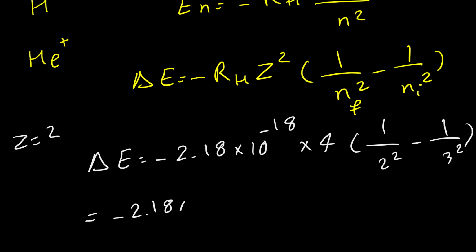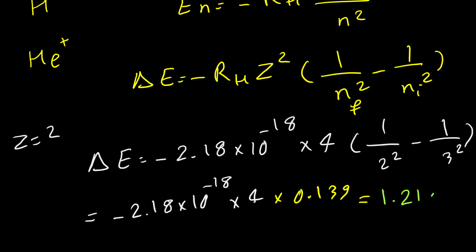So we have negative 2.18 times 10 to the negative 18 times 4, and the value of the parentheses is equal to 0.139. So the final answer is equal to 1.21 times 10 to the negative 18 joules.